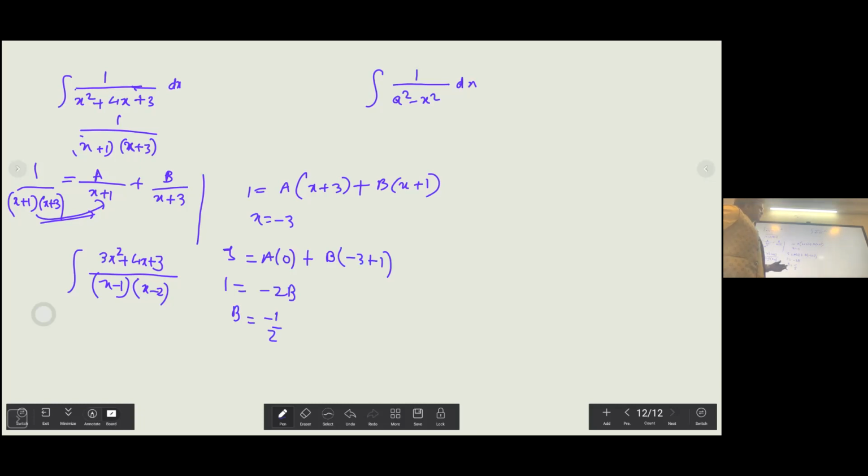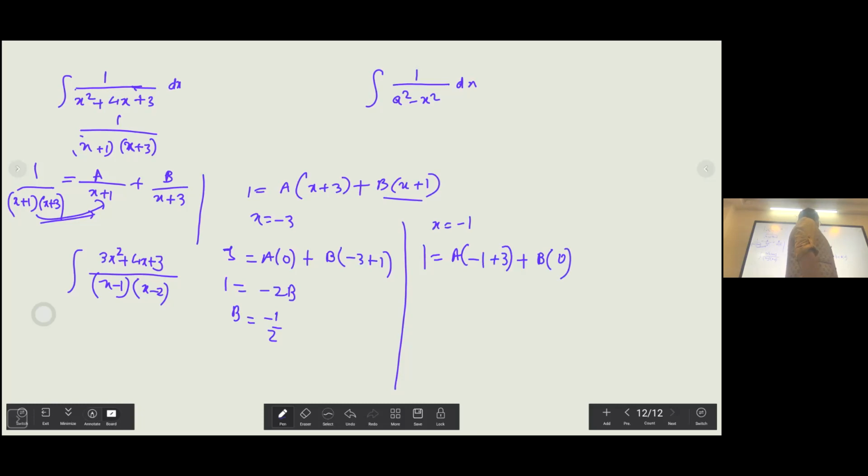Once you have B as negative half, similarly, we'll plug in x as negative 1. If you plug in x as negative 1, we get 1 equals A times (negative 1 plus 3) plus B times 0. You get A as 1 half. So once you express this as a partial fraction, now you can do the integration.